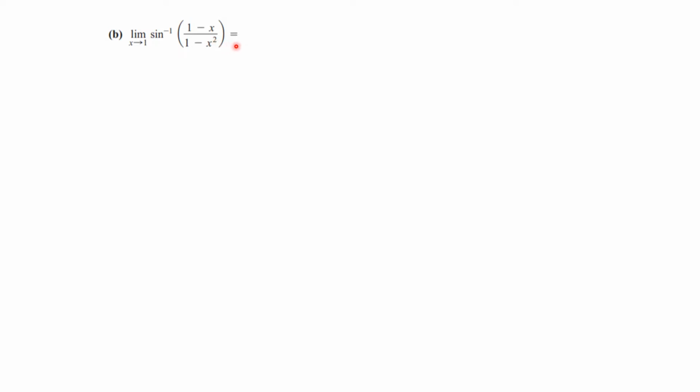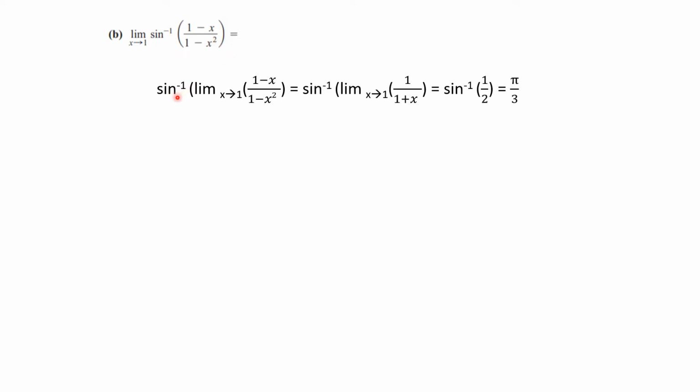This will be equal to, we have to keep sine inverse of, and we have to apply the limit to its parameters. So this will be the limit as x approaches 1 of 1 minus x divided by 1 minus x squared. We could go ahead and say that this is equal to sine inverse of the limit as x goes to 1 of 1 divided by 1 plus x.